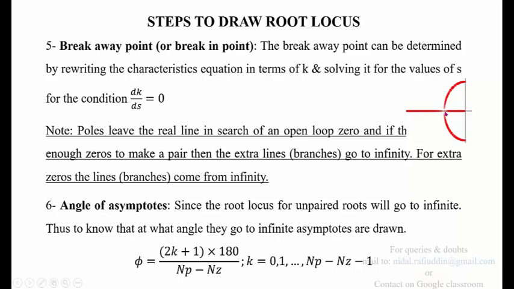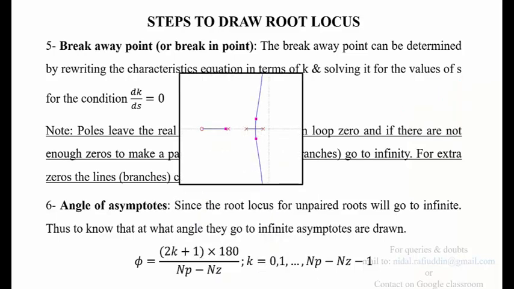One root moved towards the left to infinity, and since this example didn't have any zero, both the poles were unpaired, and that is why the poles went on opposite sides. One of them went to infinity, the other is going to the origin. Also, the number of asymptotes will be equal to the number of unmatched pole-zero pairs.